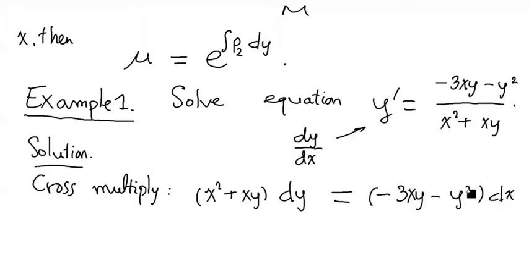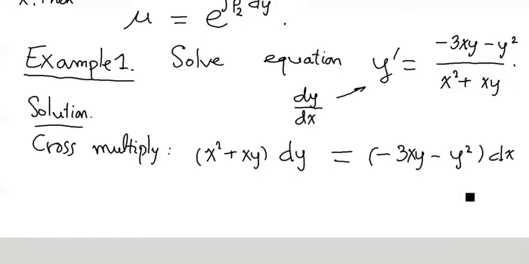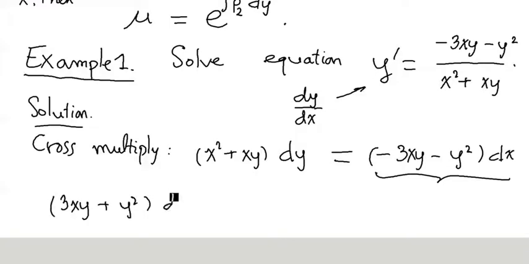But then we need to move everything to one side. I'm going to move this to the left hand side, and the sign here will turn into plus. So I have 3xy plus y squared dx plus x squared plus xy dy equals 0.